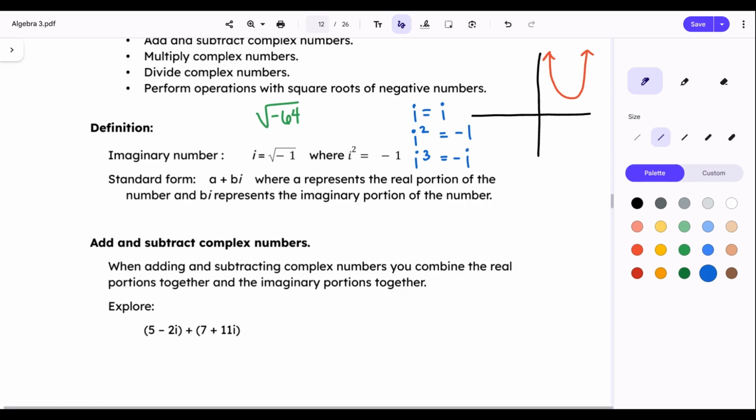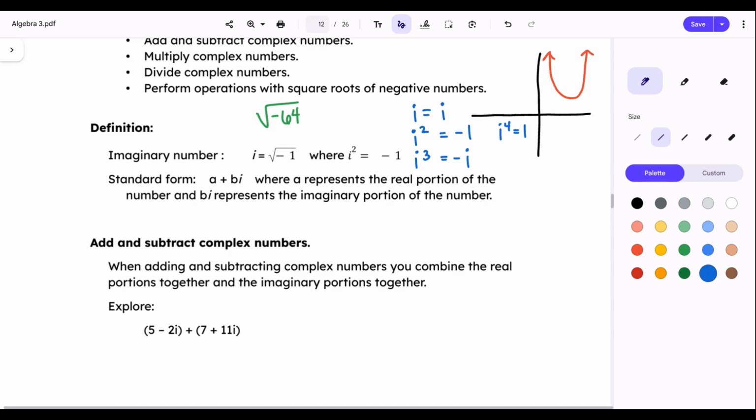And then if you go to i to the fourth, that would just be 1. Then you'd start to see this pattern show up again. It flips between i, -1, -i, and 1.